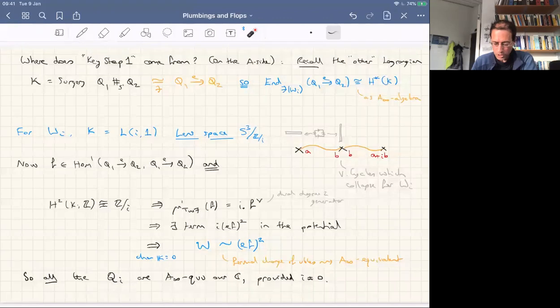Up to some formal change of variables, my potential is EF squared. So all of the categories Qi associated to my different spaces Wi, if I work over C, are quasi-isomorphic. They're all given by the two-cycle quiver with the quartic potential, at least if I is not 0. If I is 0, I actually get the formal category.